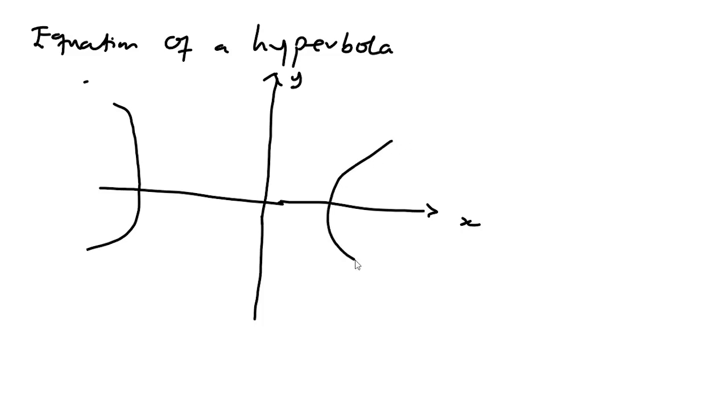The center is here, and then we have a focus and another focus here. Let's name the coordinates negative c, 0, on the negative side of the x-axis, and c, 0 on the other. The vertex is here, another vertex is here.